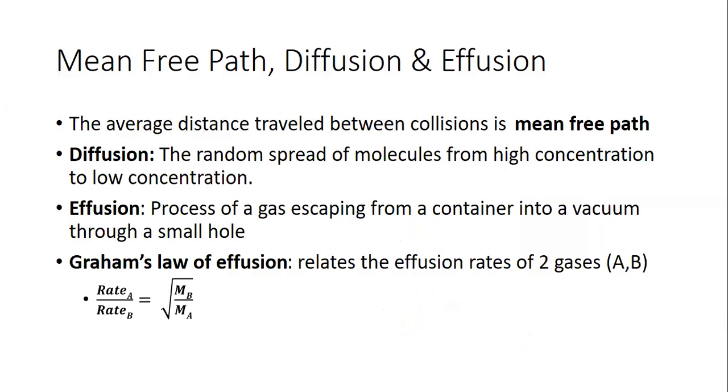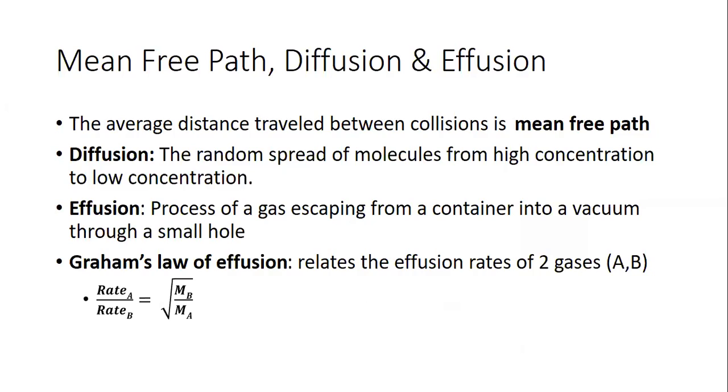When we measure distances in gas, what we really are measuring is what's called the mean free path. It's how far a gas molecule travels before hitting something. And the more concentrated a gas is, the lower the mean free path.